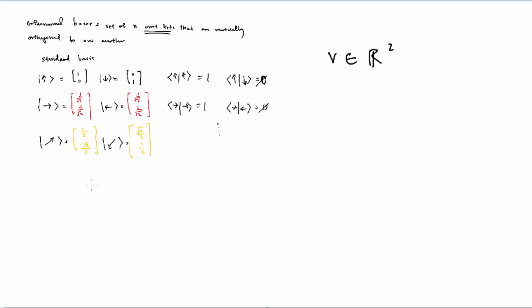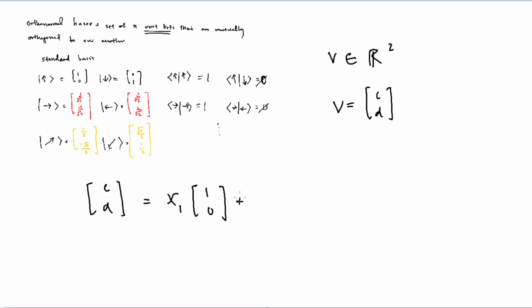For some vector v, v is equal to c d, and keep in mind it is two-dimensional. Now what we're claiming here is that c d can be expressed in terms of unit vectors. We can express it as some value, let's say x1 times 1, 0 plus x2 times 0, 1.